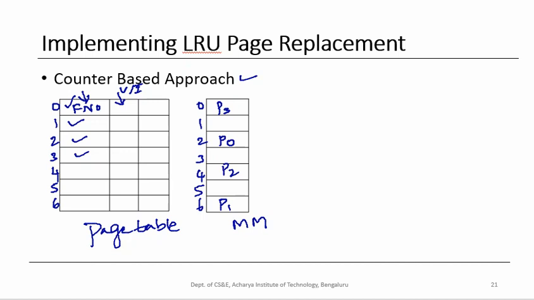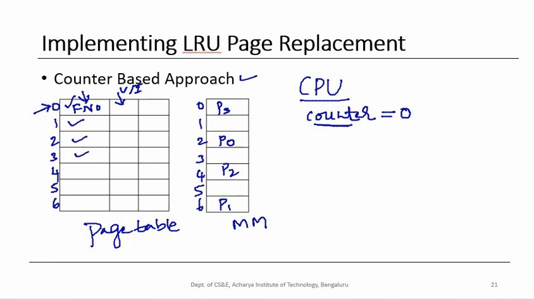Now what we do is we attach a counter or a timer with the CPU and initialize the value of the counter to 0 to start with. Now let's say the CPU refers to the first page, that is the 0th page.